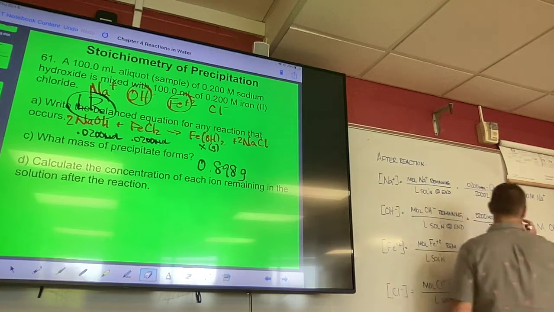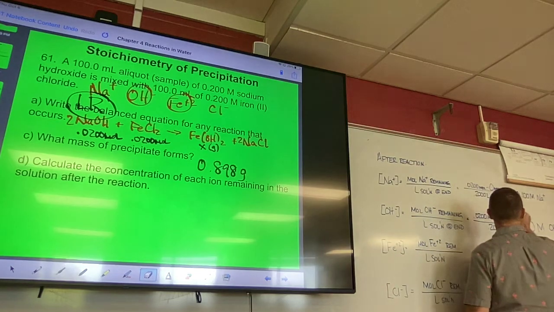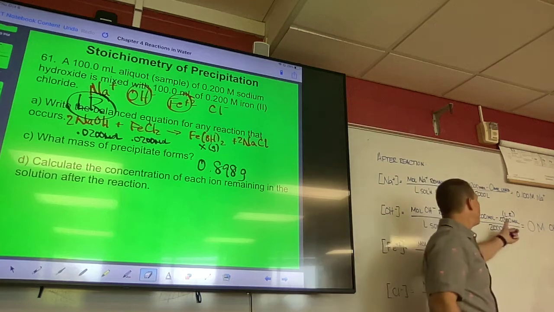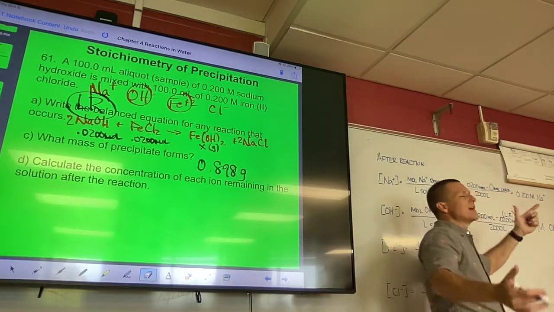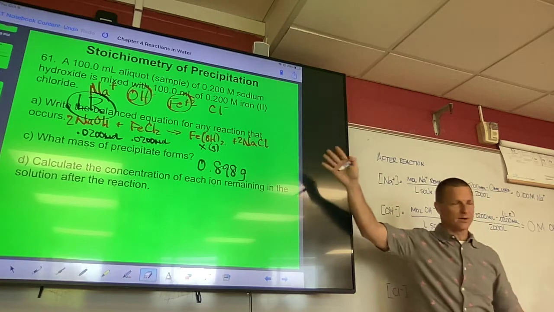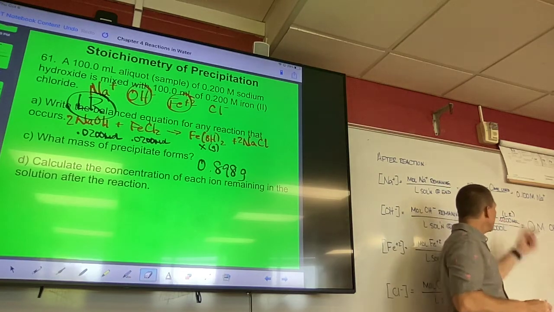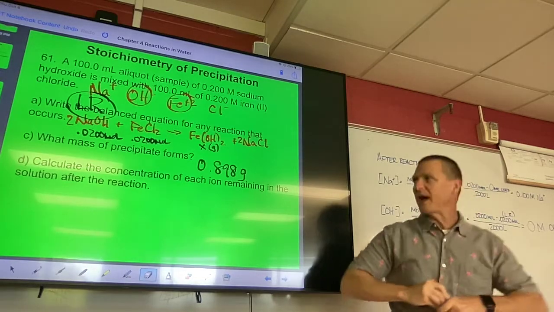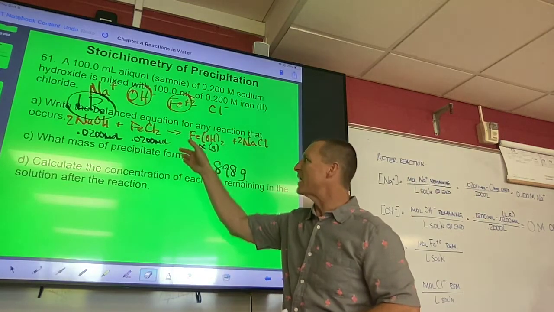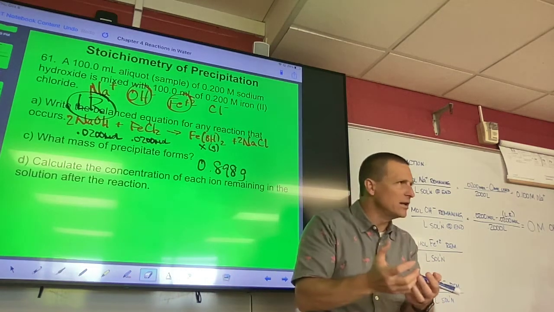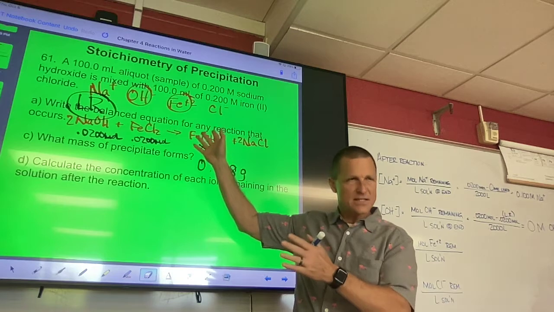Now I'm going to do one thing here. For your sake, if you want to look back at this and see how you did it, keep in mind we know that the hydroxide was the limiting reactant. Therefore, we found the limiting reactant back when we were finding part C. So that allows me to know that all of the hydroxide reacted. Now where is the hydroxide? The hydroxide is all on the bottom of the container, tied up in a solid with the iron, making this solid precipitate.